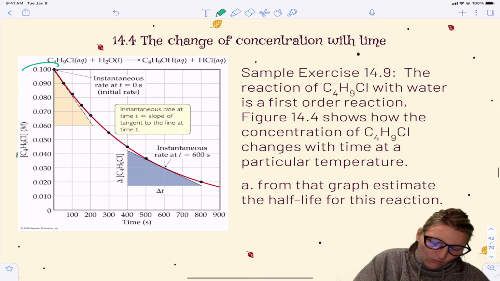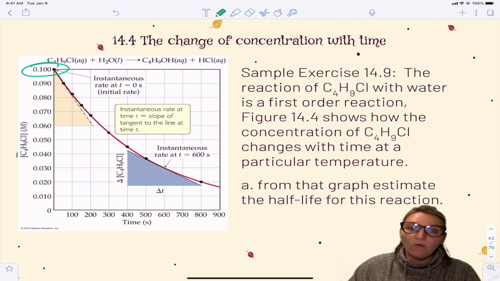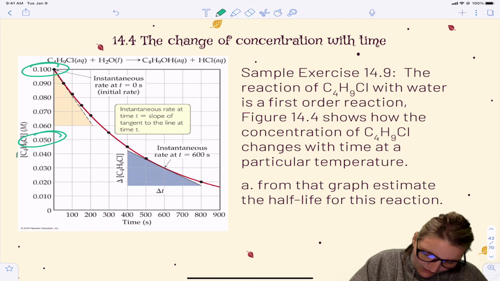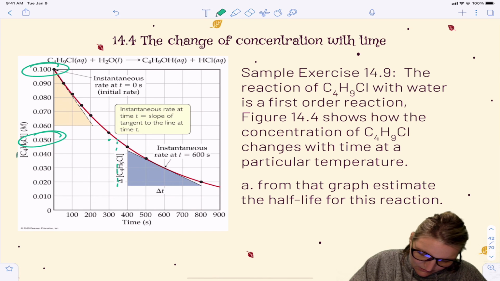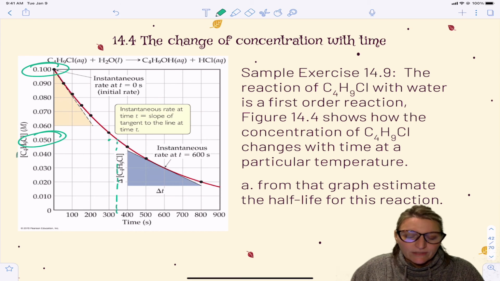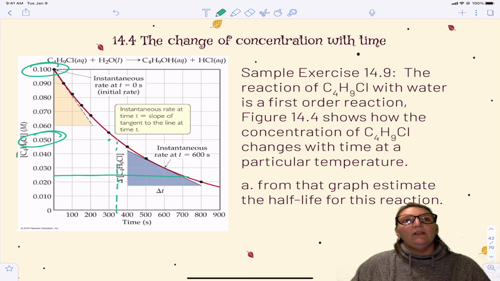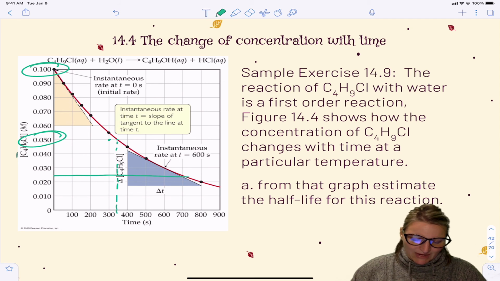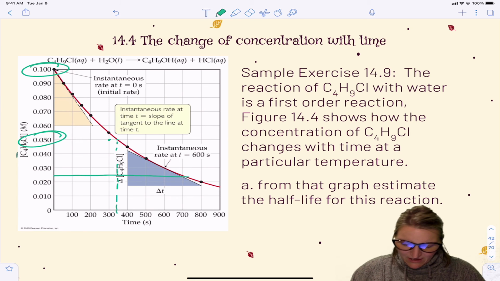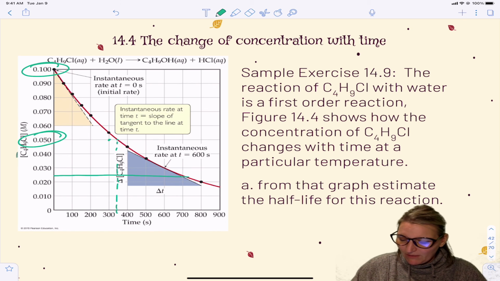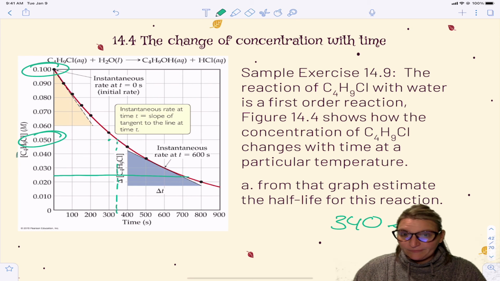So let's see, if I start with 0.1 molarity, when do I reach 0.05 molarity? 340, something like that. I could also verify that by looking when it would go down by another half, and that would be 0.025. And 340 plus 340 would be 680. Now this looks a little bit more like 700, but we're estimating here. Sure. So I'm going to go with 340 seconds.